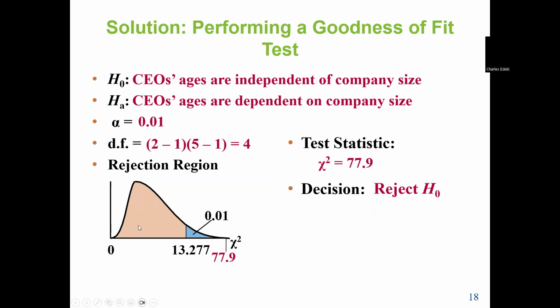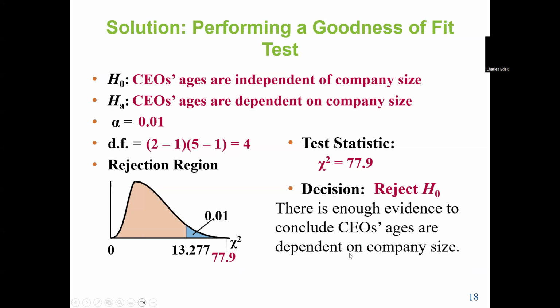The brown area is always for not rejecting H0. So in general, if the test statistic value is greater than the critical value, we reject H0. Here we say there's enough evidence to conclude that the CEO ages are dependent on the company size. So there's an association, a relationship, between the CEO ages and the company size.